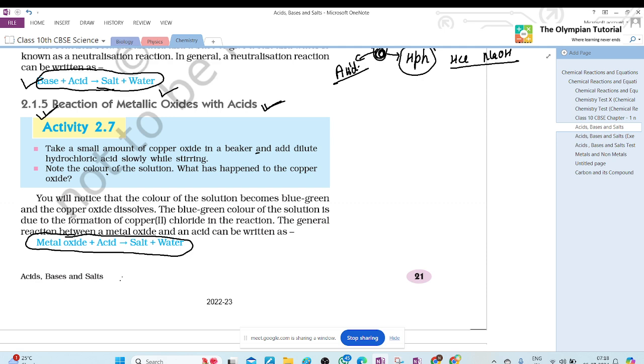Yes, ma'am. After that, write down the equation. When copper oxide reacts with hydrogen chloride, it will give copper chloride plus water. Balance it yourself. Just now only balance this equation.